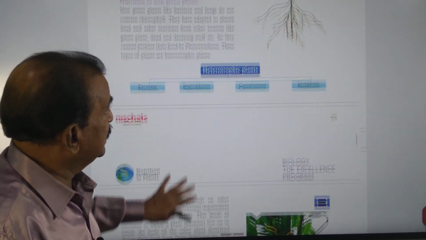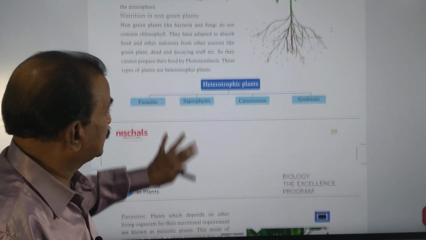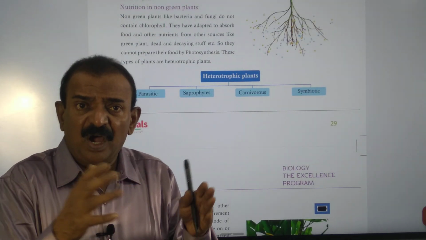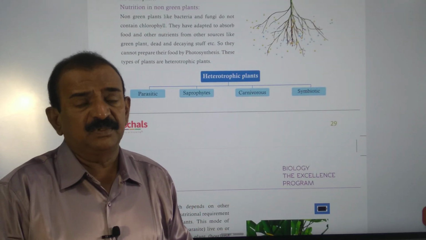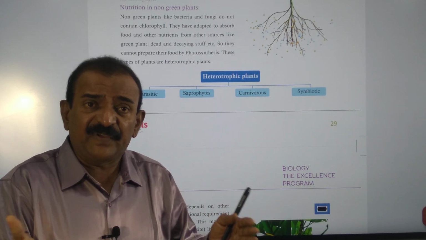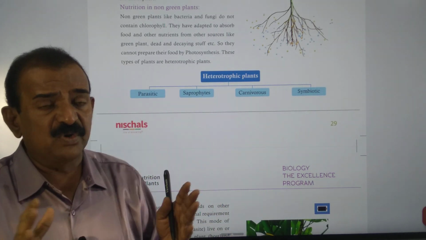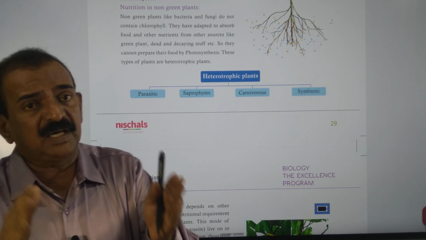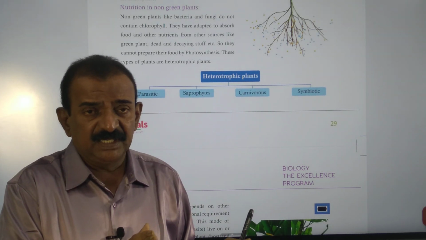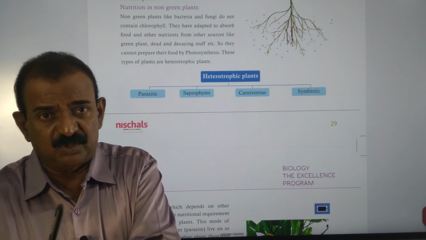So in this chapter, children, we discussed what autotrophs are, what factors are necessary for autotrophic nutrition, and what the end products of photosynthesis are, that is glucose, water and also oxygen.